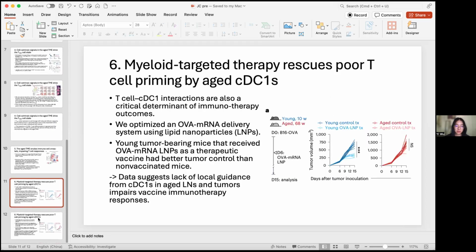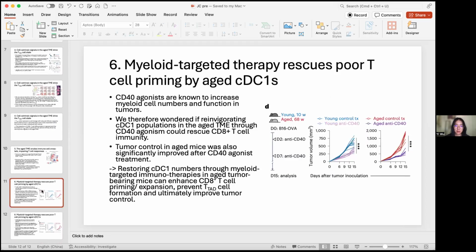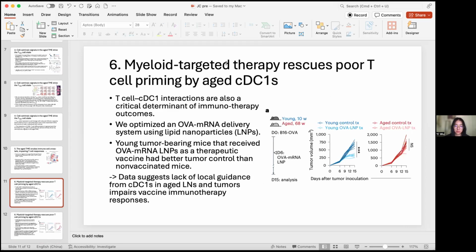然后呢，最后一个 part as a conclusion is to test some therapy that could rescue the poor T cell priming by aged dendritic cells. So the first therapy they try is a carrier.